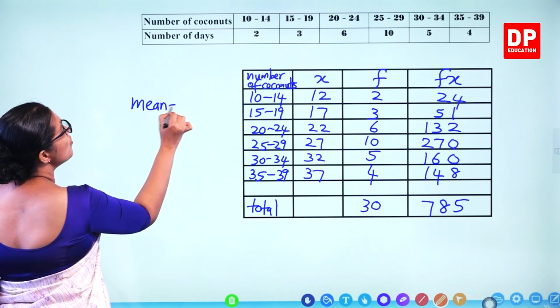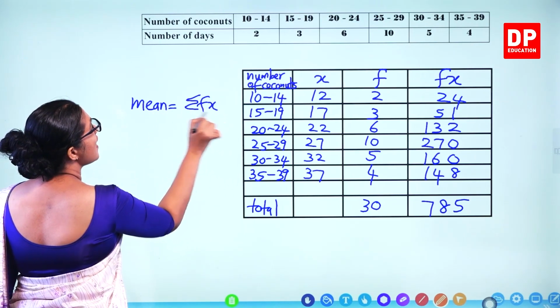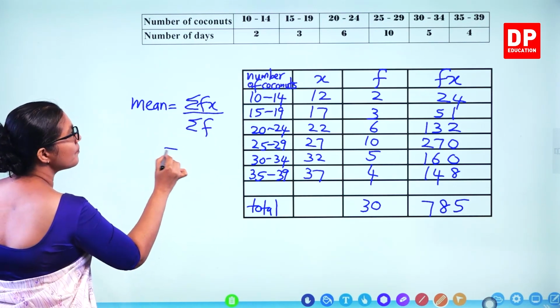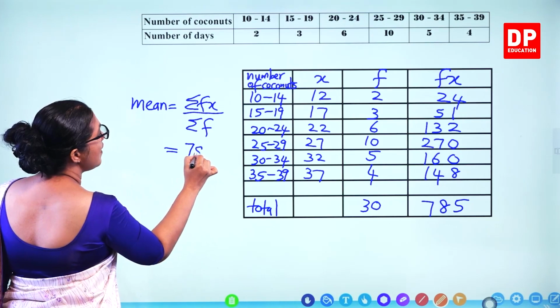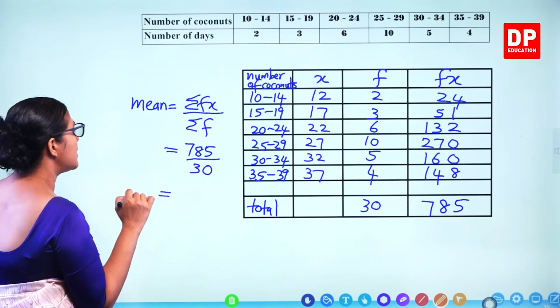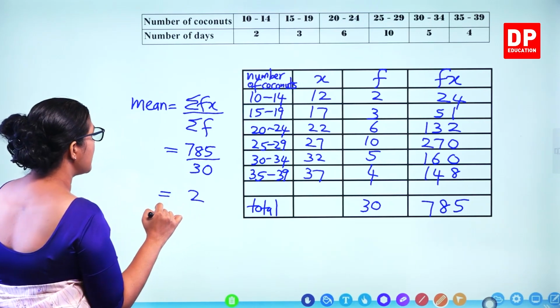So how do you find the mean? Mean is equal to the total of fx over the total of f. Sigma means total. Sigma fx, so 785 divided by 30. So what's the value? 30 times 2, 60.